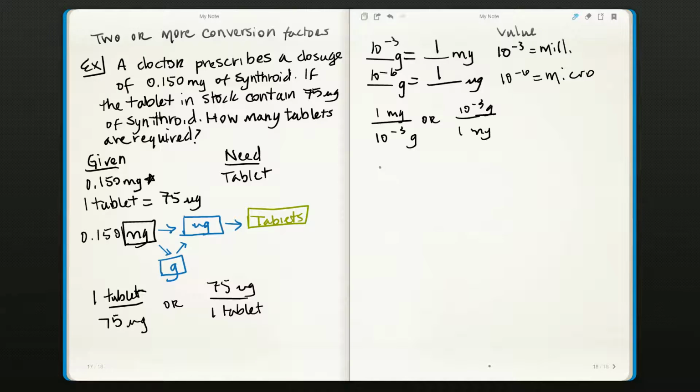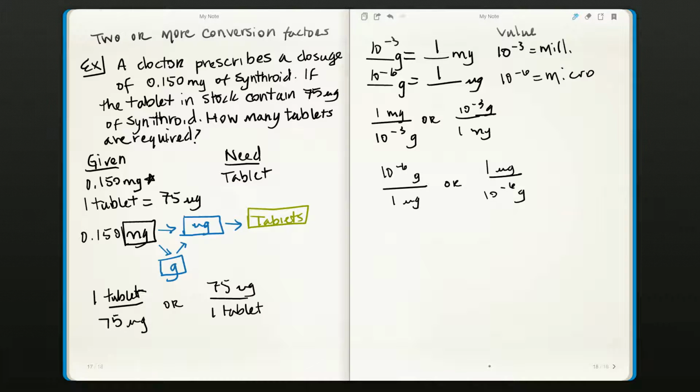Okay, and then we'll write our conversion factors for micrograms. So 10 to the negative 6 grams over 1 microgram, or 1 microgram over 10 to the negative 6 grams.